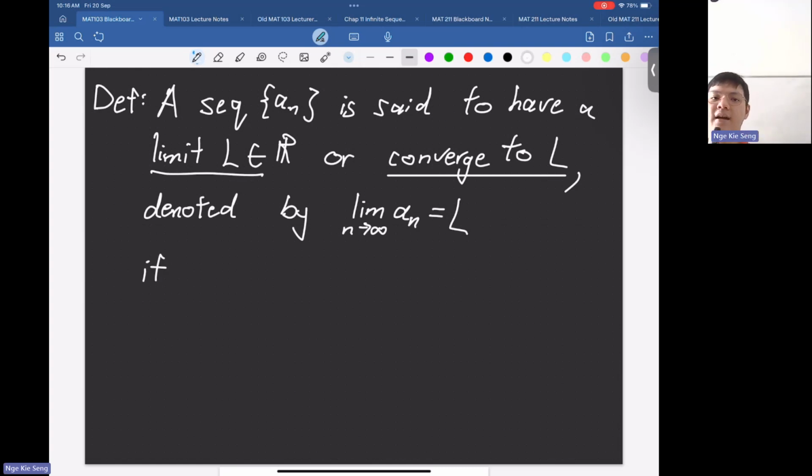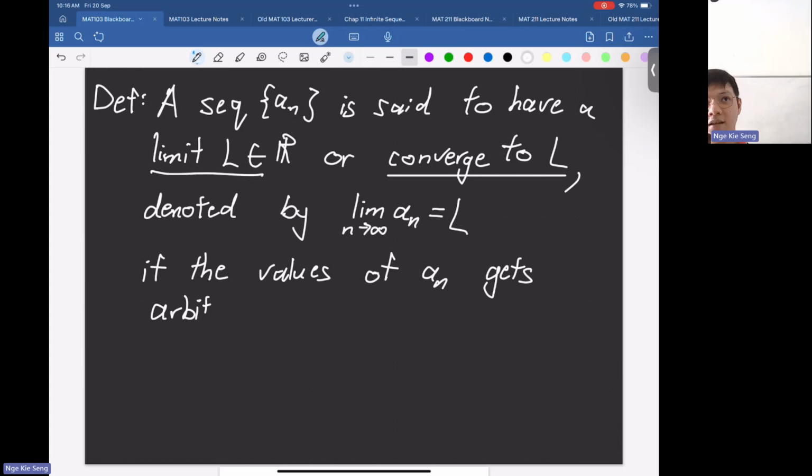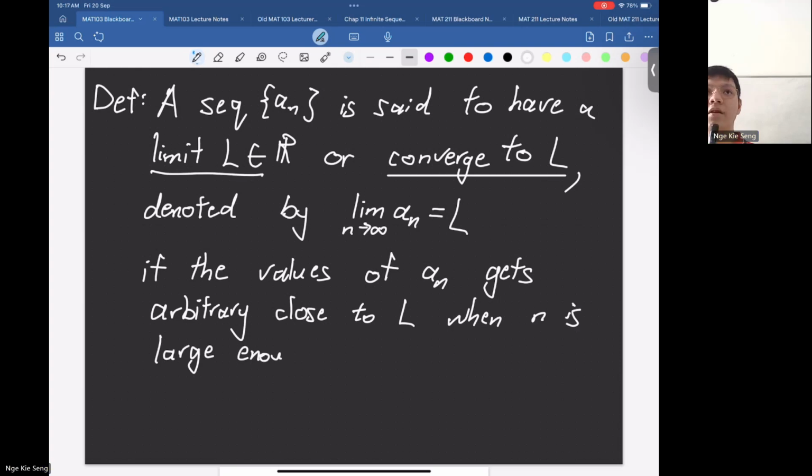This is the most important thing coming after the definition: if the values of a_n get arbitrarily close to L when n is large. Okay, so what is arbitrarily close?